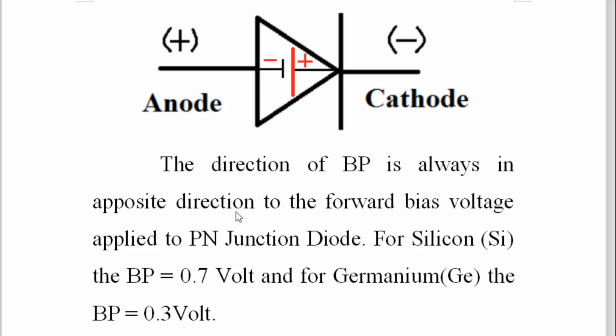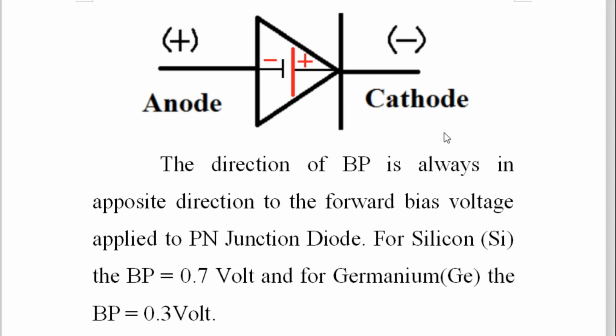So here the direction of barrier potential: left hand side is minus, right hand side is plus. The direction of barrier potential is always opposite to the forward bias voltage applied to the PN junction diode, because forward bias voltage applied to a PN junction diode is always anode to the positive of the battery and cathode to the negative of the battery.